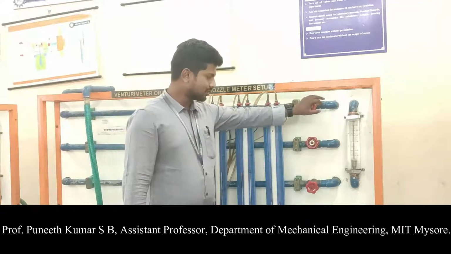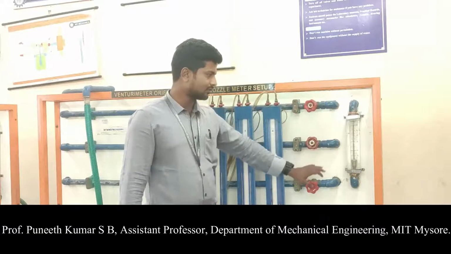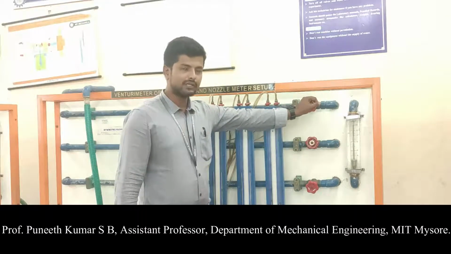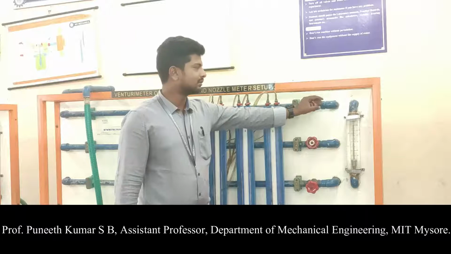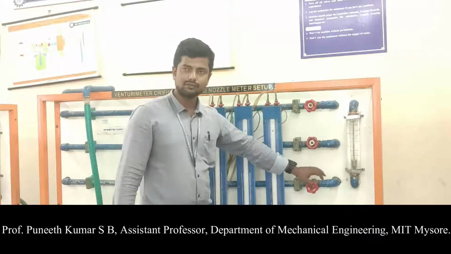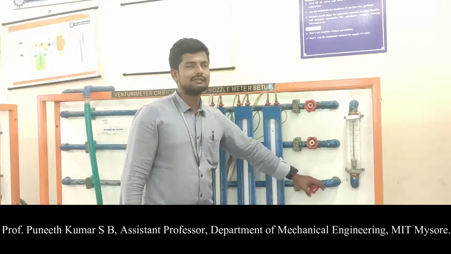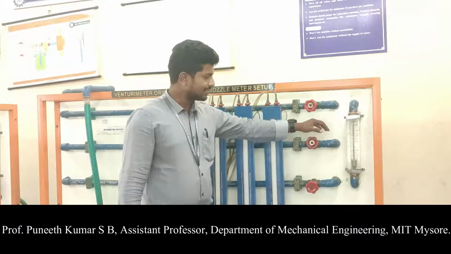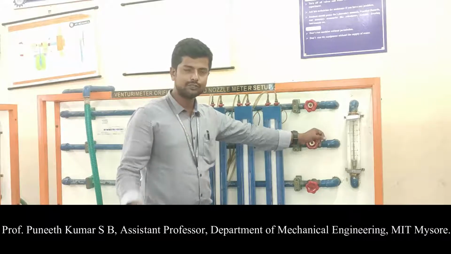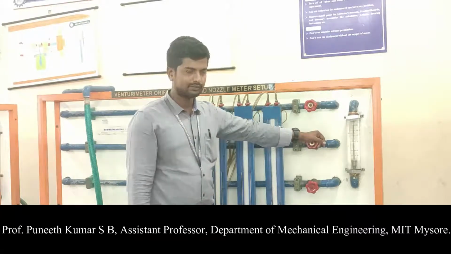There are three valves for the respective flow measuring devices. Since we are conducting the orifice experiment, the venturi valve needs to be closed, and the nozzle meter's valve also needs to be closed. Whereas the orifice meter's valve needs to be open, not totally open, but partially open.